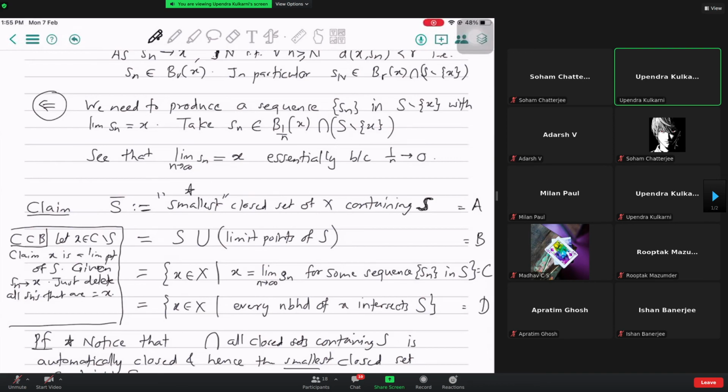So the only way this could fail is if beyond a certain point, every element of the sequence is X. But if every element of the sequence were X, then the limit would also be X. But what did I just say? I claimed that X is in C, but it is not in S. That was my hypothesis.